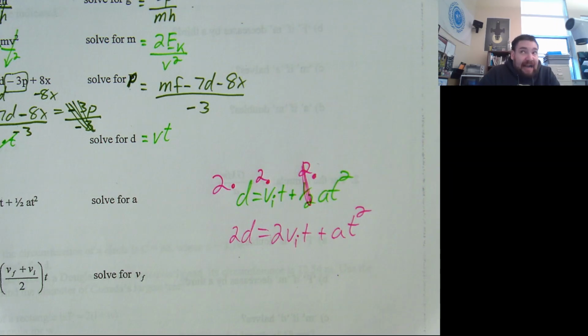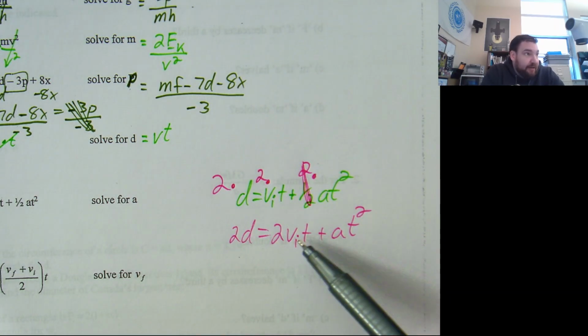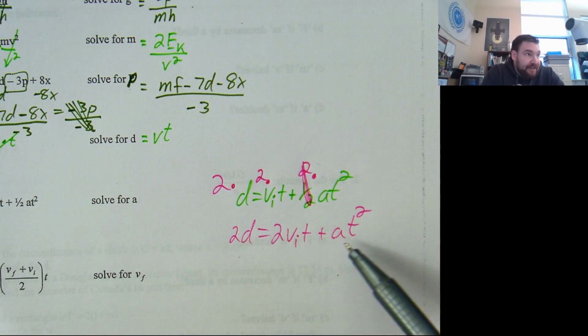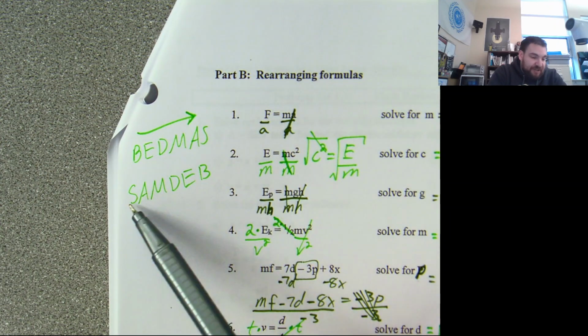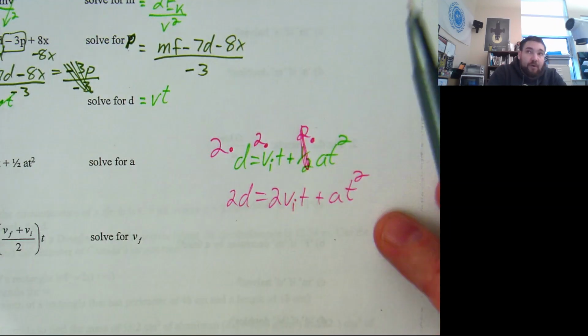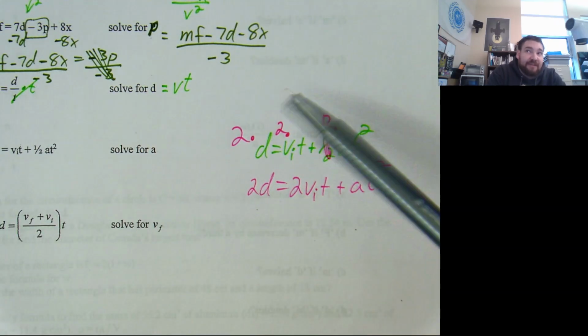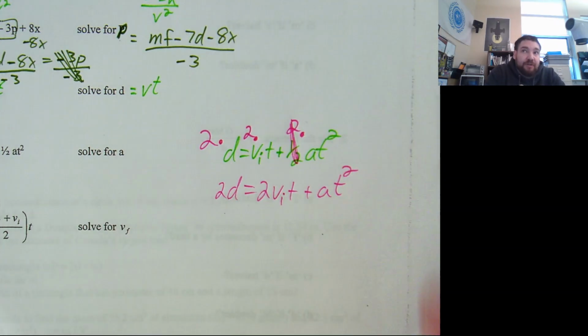So are there things being added here that we can get rid of? The AT squared is being added to the VIT, yeah. We want to get a by itself, so we want to leave the a where it is if we can, and move everything else over. So if Sam Deb says deal with the addition first, we're already going out of order here by multiplying by that too. But that's okay. You want to deal with the addition?